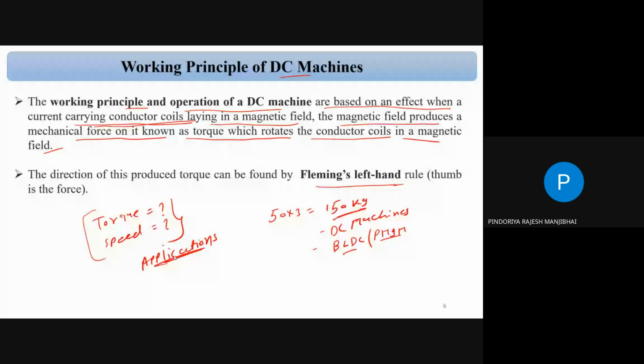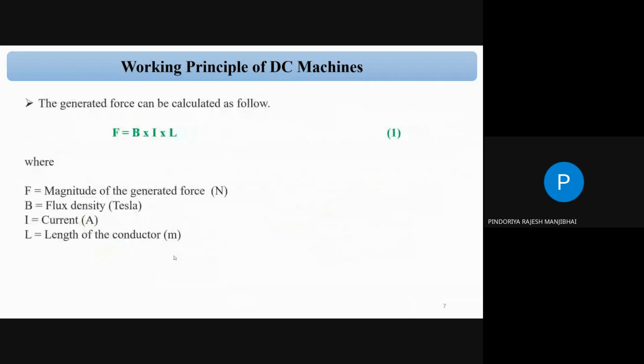But this is a fundamental rule. Whenever a current carrying conductor is put in a magnetic field, it will create a force, and that force is nothing but your torque. So how much force will be generated? Force is nothing but BIL. B is your flux density in Tesla, I is the current flowing in the conductor, and L is the length of the conductor in meters. So the force generated is equal to BIL.